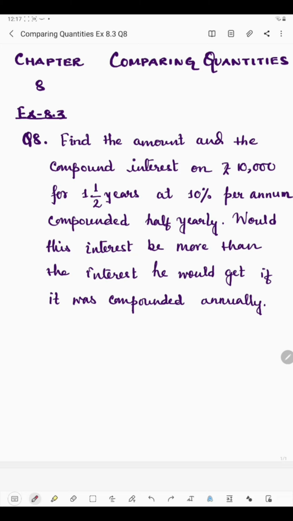Then the same principal, same time period and same rate of interest will be used if it is compounded annually. Then we will have to check if the interest is calculated half yearly, whether he would be getting more interest, or if the interest is compounded annually, whether he will get more interest.